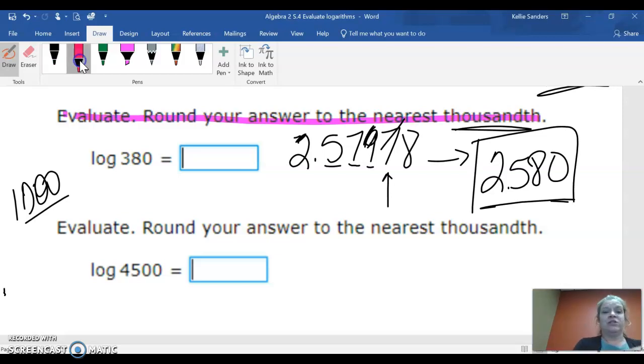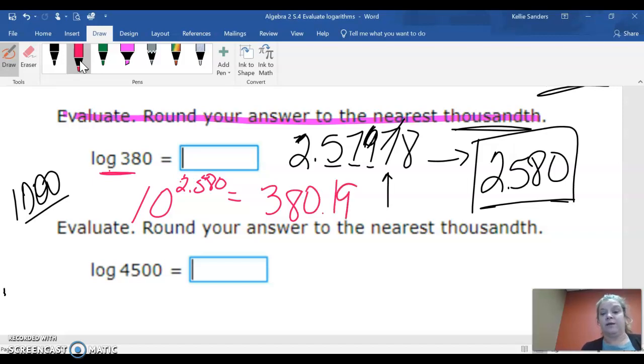What that is saying, let me change colors to kind of clear things up. What was your base here? It would be 10 to the 2.580. If you put that in the calculator, let me do that real quickly. 10 to the 2.58, and we get 380.19.